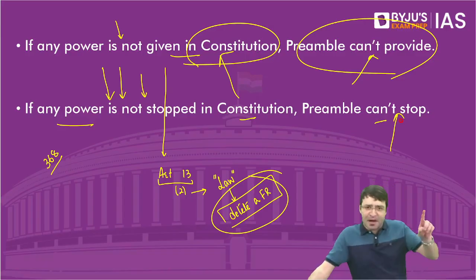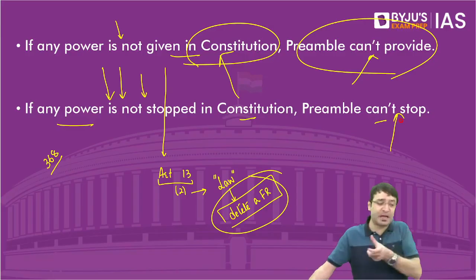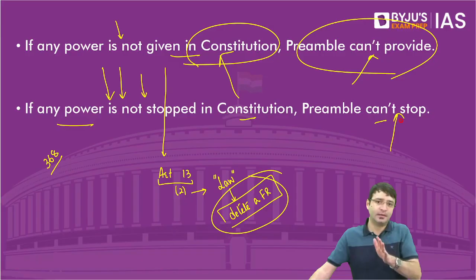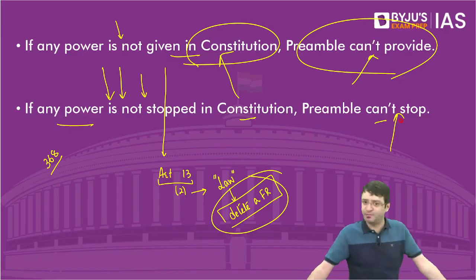So if a power is given in the Constitution, preamble can't stop that power. If a power is not given in the Constitution, preamble cannot provide that power, because preamble is not enforceable in a court of law. That completes our discussion on preamble.